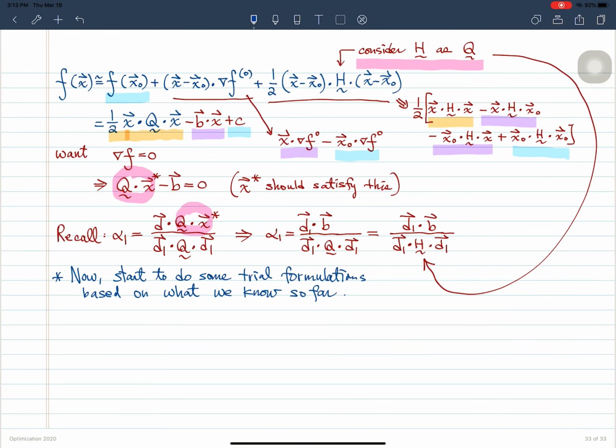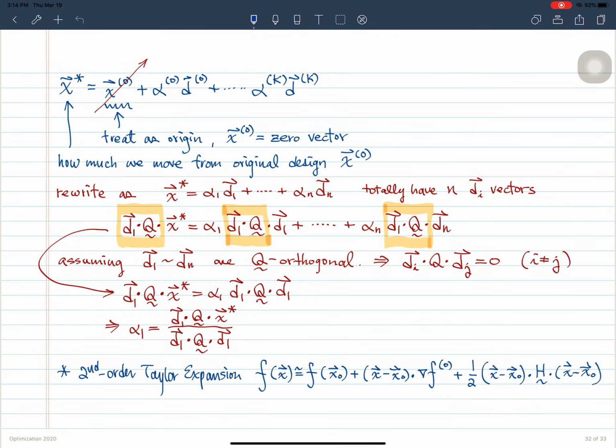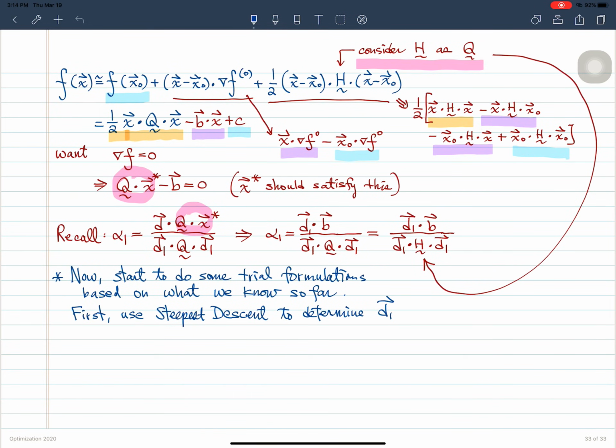Okay, first, use steepest descent to determine d, basically the first moving direction. Let me make sure if I would like to use D1, because the numbering sometimes is confusing. Usually we start with k equals to 0, right? But I never use D0. I hope it doesn't confuse you.